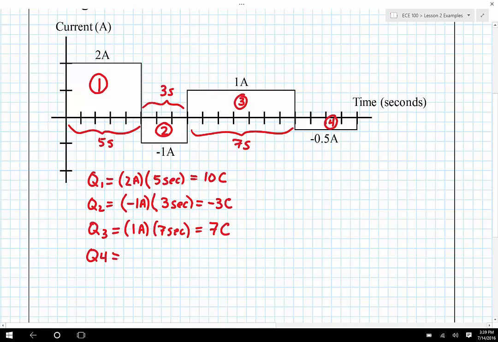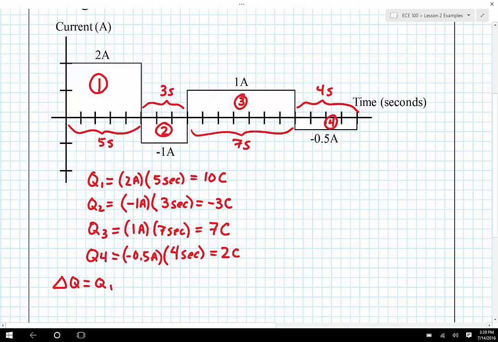Q4 is going to be equal to -1/2 amp multiplied by the time, and that time is going to be 1, 2, 3, 4 seconds. And therefore this is equal to -2 coulombs. Now the total amount of charge, which I can represent as delta Q, is going to be equal to the sum of the four charges that we just calculated.